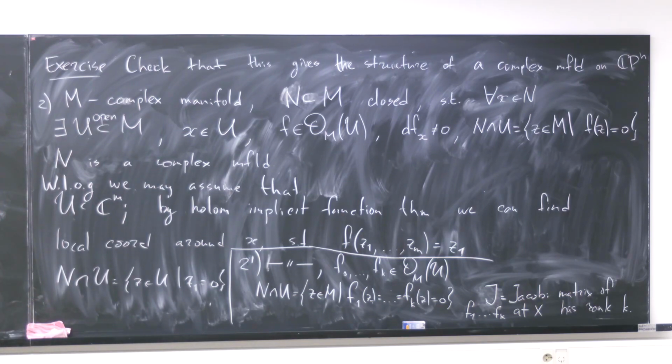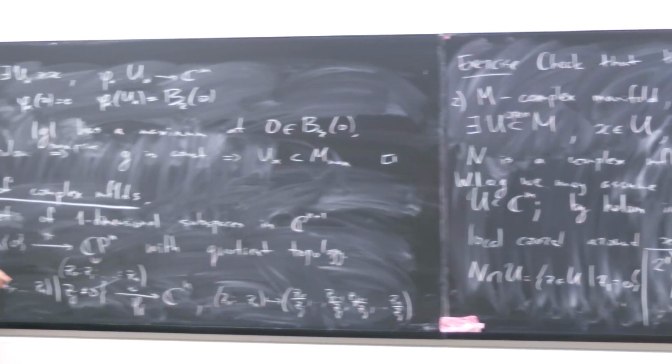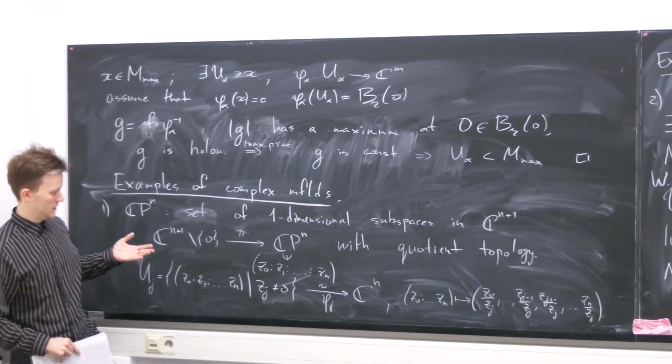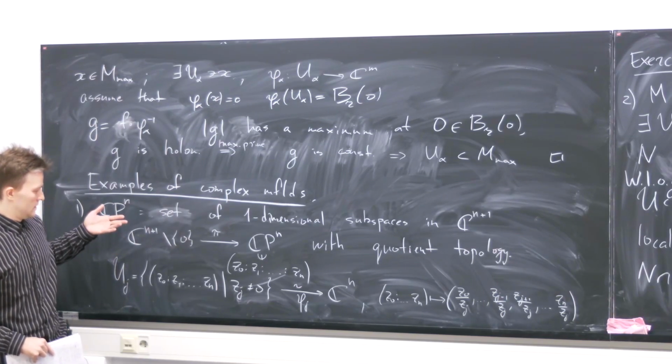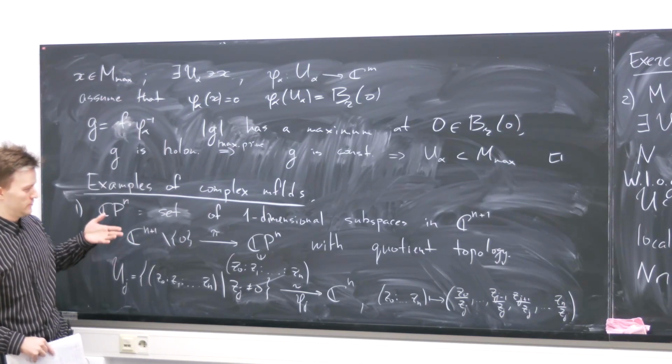All right, so that's easy. That's one basic way to construct examples of complex manifolds. For example, now we can take polynomials. They are not functions on CP^N, but somehow they define functions locally on these subsets, and we can consider the loci of common zeros of several polynomials.